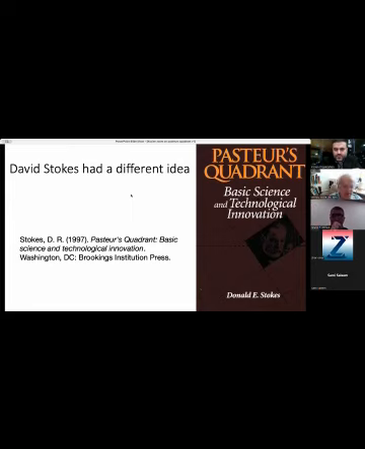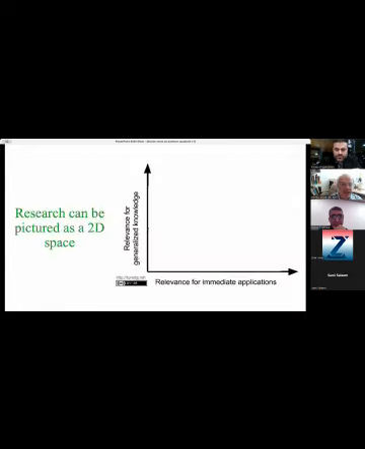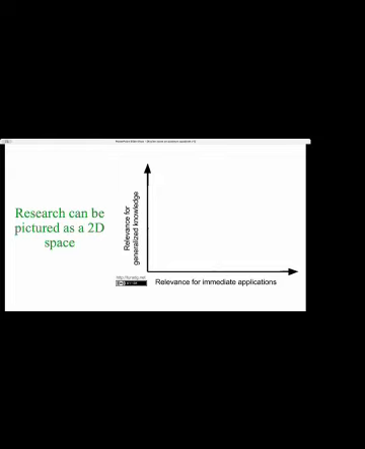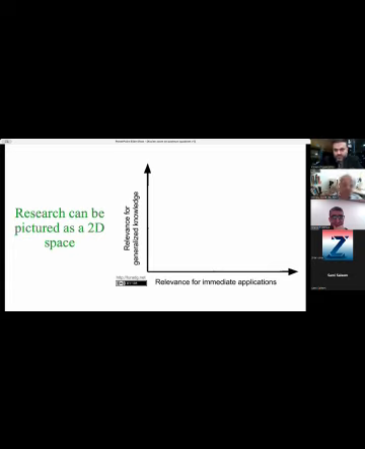Some years back, I guess it's over 25 years ago now, a researcher named Donald Stokes at the Brookings Institution in the US published this book on what he called Pasteur's quadrant that argued for a different way of thinking about the space of research. His idea was not to think of research as a one-dimensional arrow, but to think of it as a two-dimensional space.